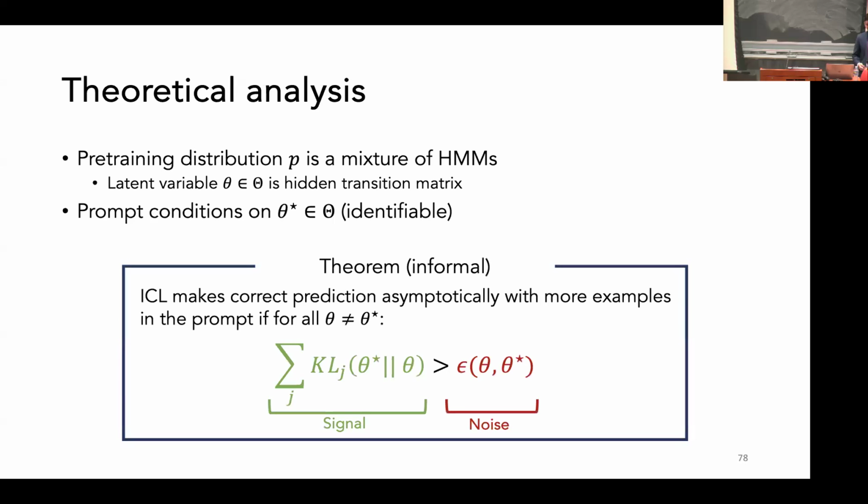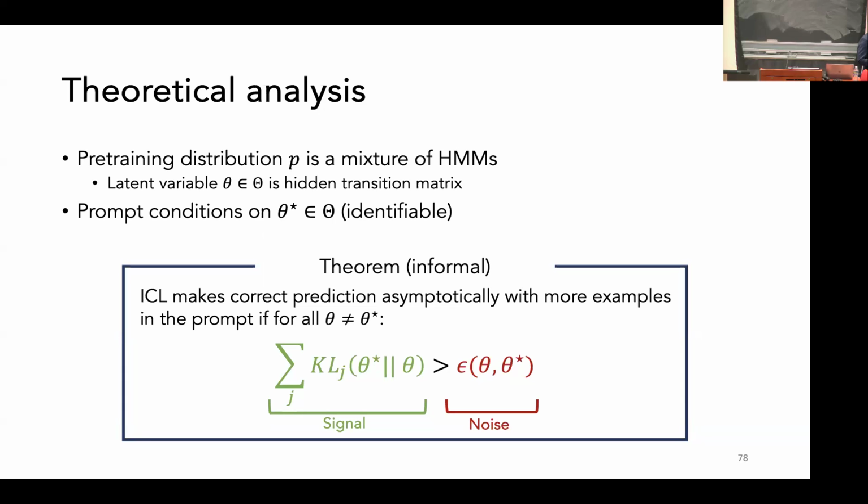And using these assumptions with some regularity conditions, we can show that in-context learning makes the correct prediction asymptotically with more and more examples in the in-context learning prompt, if for all the latent variables theta that's not theta star, it satisfies this inequality where the signal is greater than the noise.